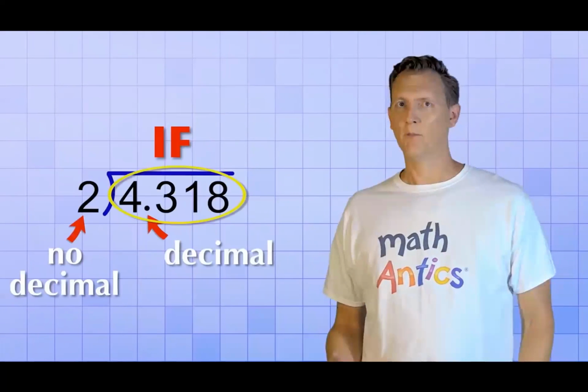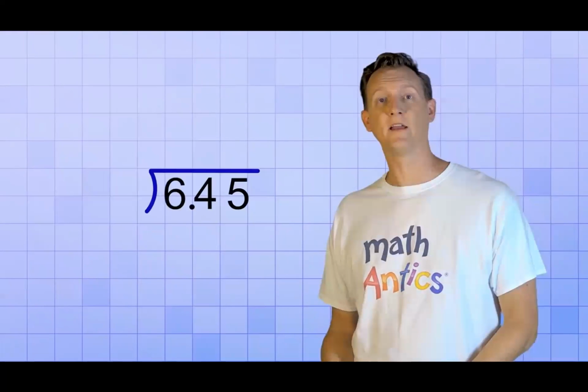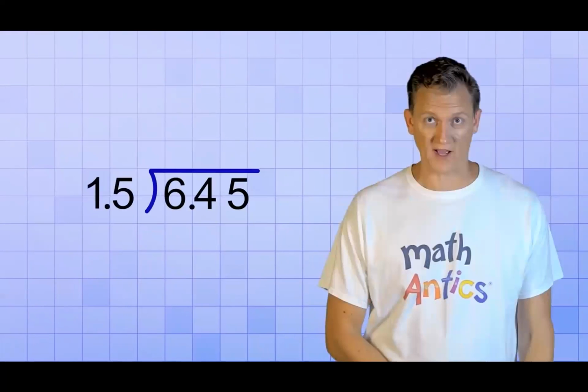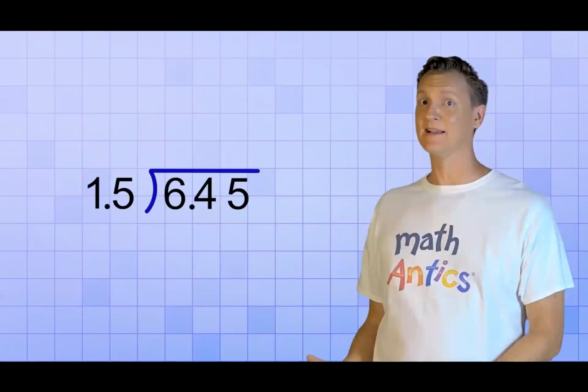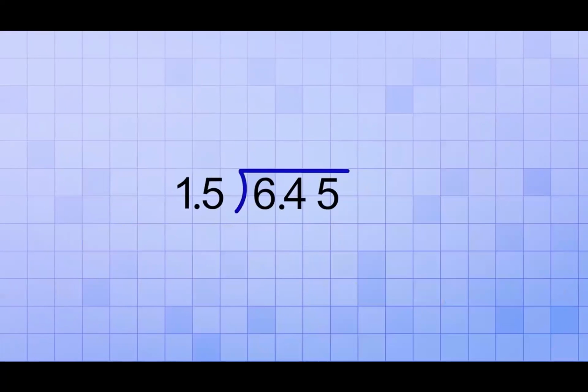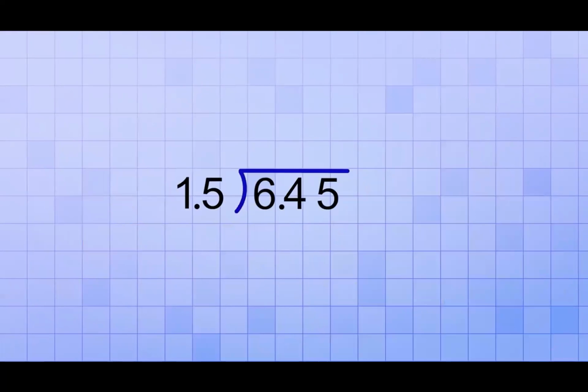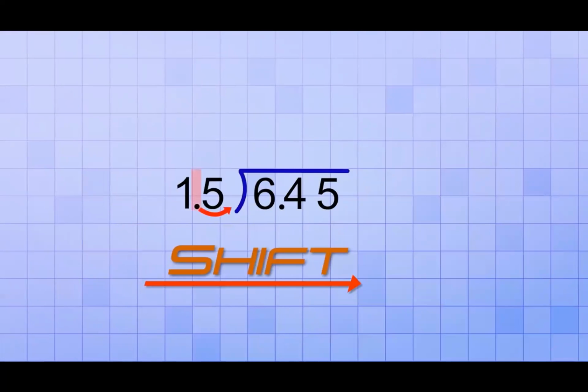But what if both the divisor and the dividend are decimals? Like, what if you have to divide 6.45 by 1.5? Well, the first step is don't panic. As you'll see, this isn't much harder. It turns out that there's a very simple trick that we can use to make it so our divisor is not a decimal number. We can just shift the decimal point in the divisor to the right until it's a whole number.